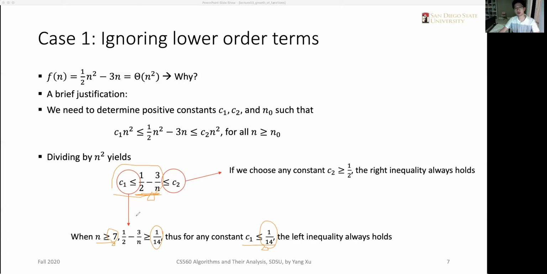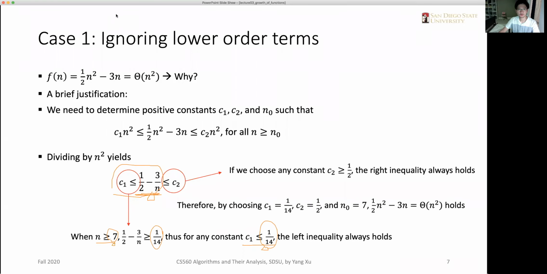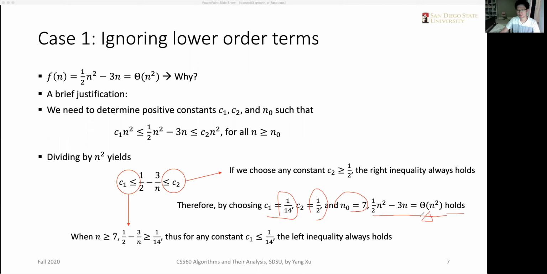Okay, and we also determined the number n0, right? Which is 7 here. So we determined C1, which is 1/14, and C2, 1/2. And the target function can always be described by the big theta of n squared, okay?